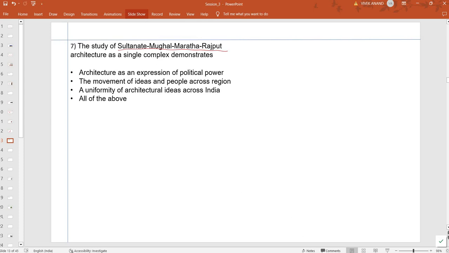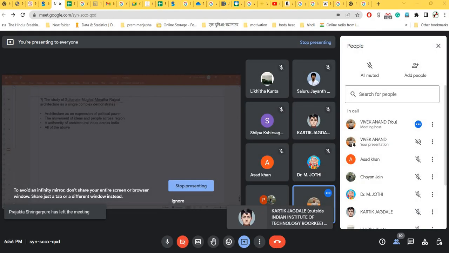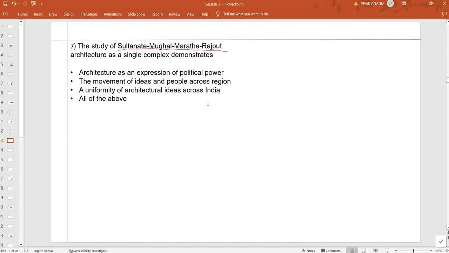Marathas also express their political power through buildings like temples and somewhere forts also. So as Rajput.